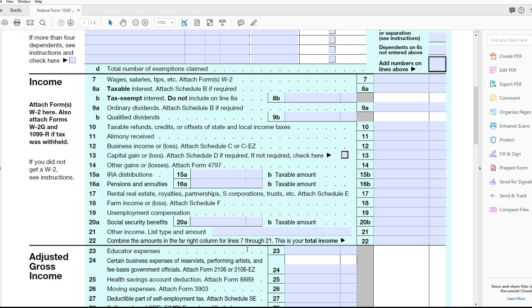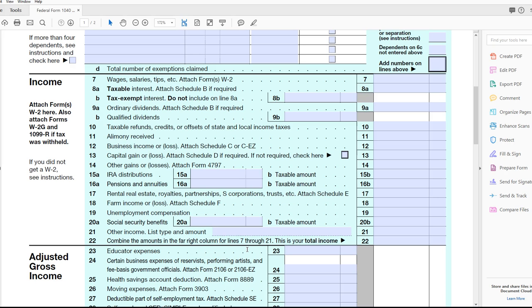Taxable refunds are refunds from usually the state. If you overpay the state and took a deduction for the taxes that you paid, you will have to show that as income in the year that you receive the refund. Alimony that is received is taxable.